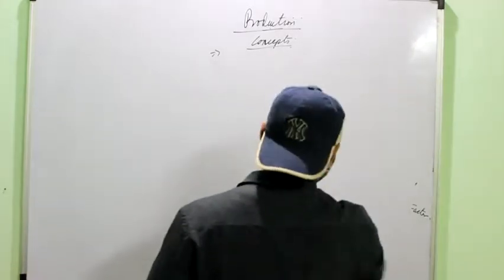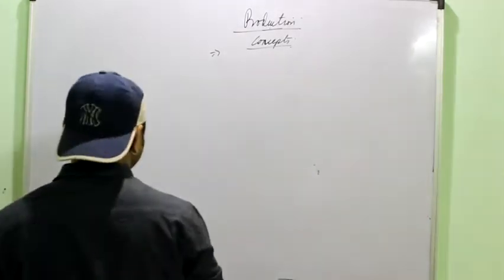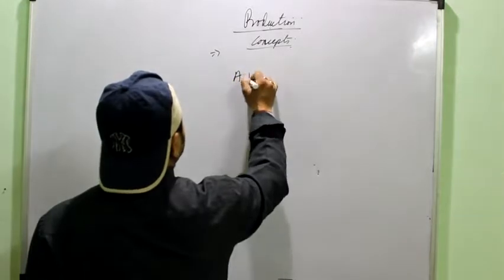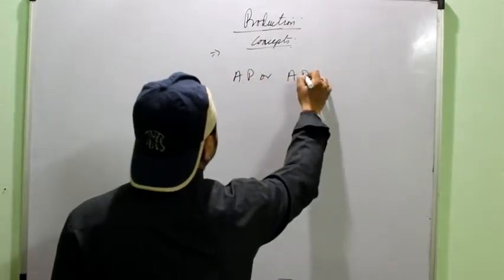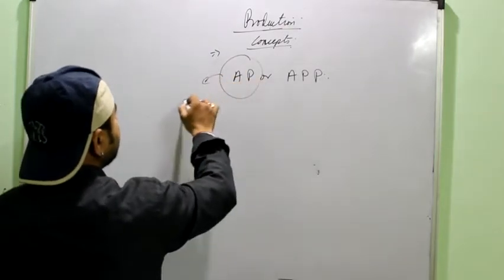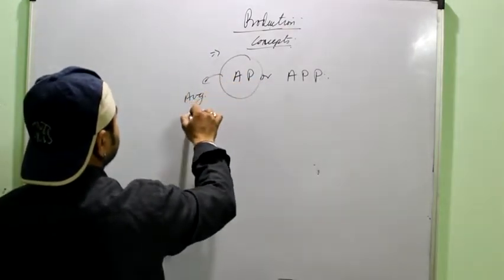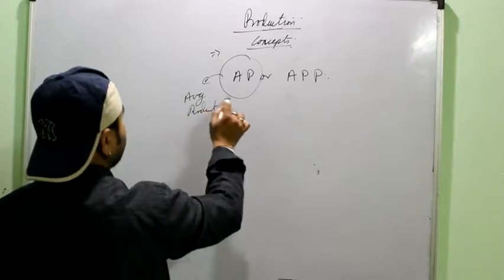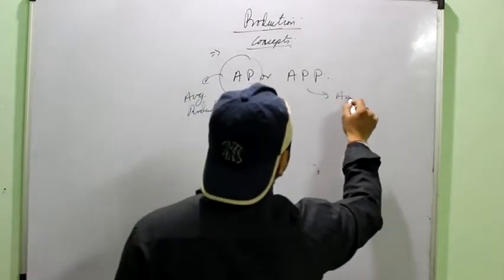Then next is average product, AP or APP. Again, it can be called the average product or the average physical product.